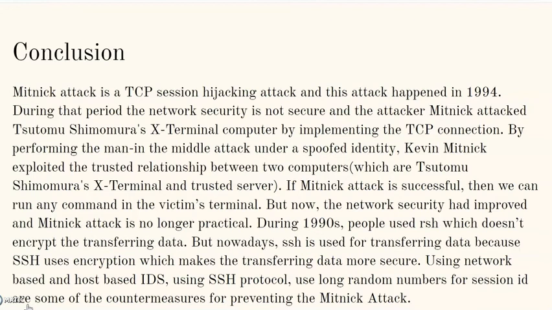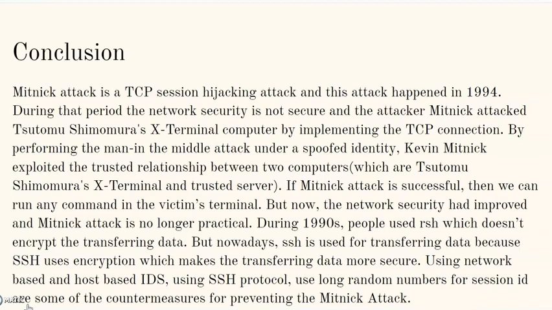By performing the man-in-the-middle attack under a spoofed identity, Kevin Mitnick exploited the trusted relationship between two computers, which are Tsutomu Shimomura's X terminal and the trusted server. If the Mitnick attack is successful, then we can run any command in the victim's terminal.